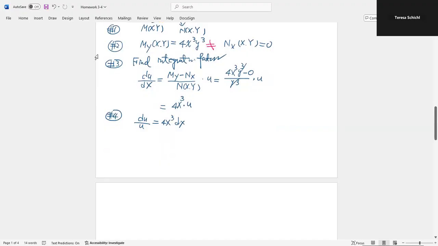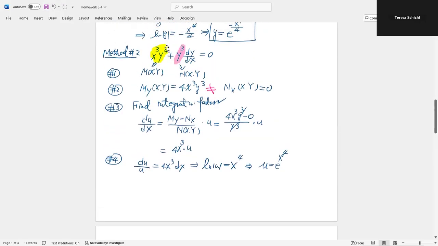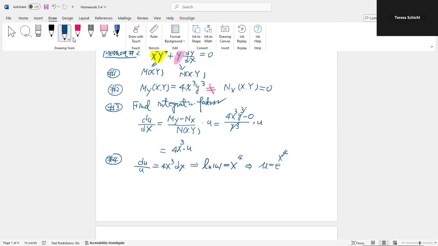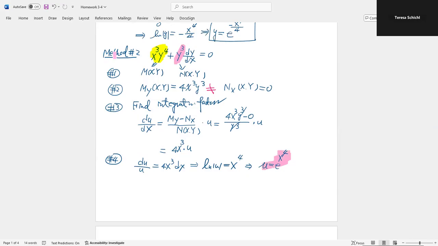Now I will integrate both sides. I will get ln u is equal to x to the 4th. So now I will have u is equal to e to the x to the 4th.